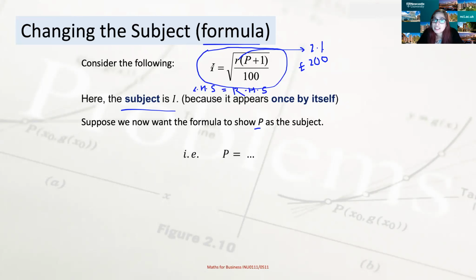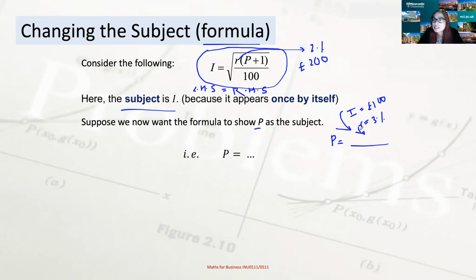But if I give you the value of I, for example I is equal to 100 pounds and R is equal to 3%, and now you want to find the principal amount P, then you have to rearrange this formula such that you have P on the left-hand side and all the rest on the right-hand side. Then you can substitute I and R in that, and find the value of P.